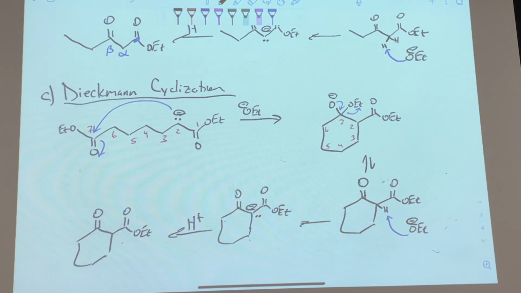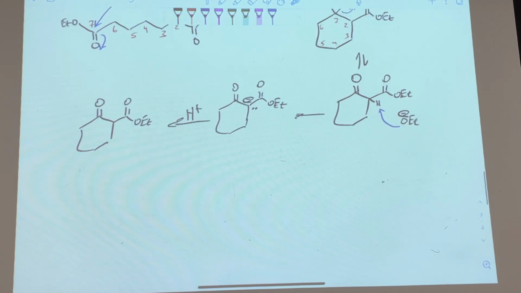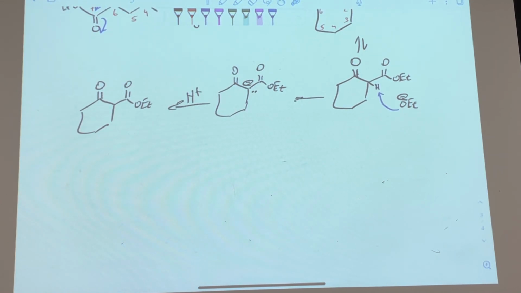So if you wanted to make one of these diesters, let's say you wanted to do a Dieckmann in your synthesis, you're not just going to be able to start there. So I want to show you how you can go about making these diesters in order to use in your Dieckmann cyclization. So the easiest way of doing that is through opening up a cycloalkane.